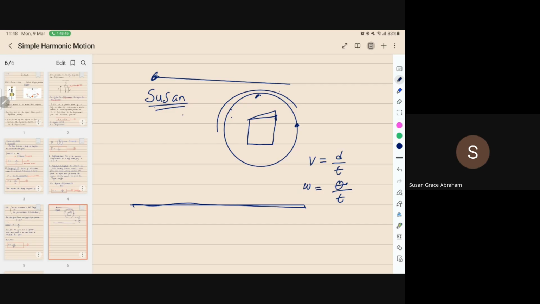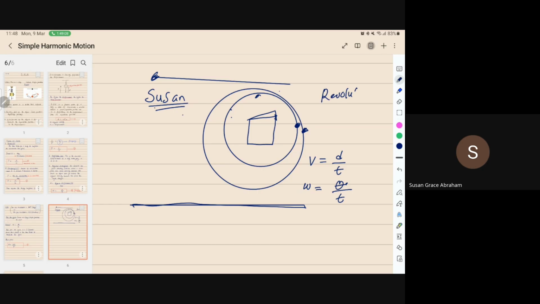Now, if your brother started running from this point, let's say this is where he took the meat from, and he runs and covers the circle and returns back to that point, and because you are not too strong, you fell down while running, so he got to that point and started resting here. So that is one complete revolution.